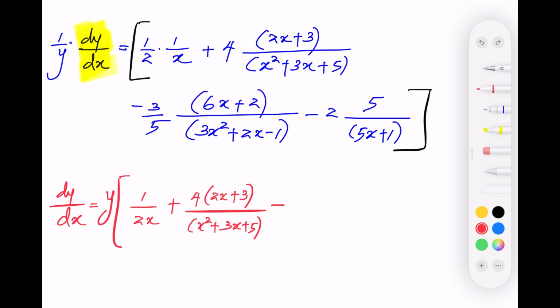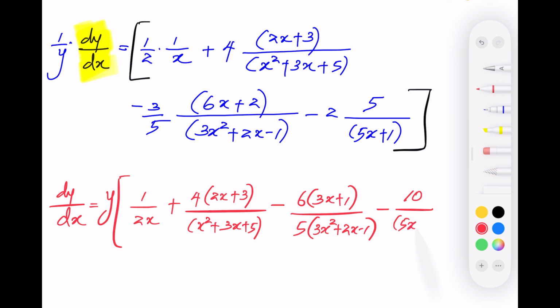So everything will be simplified to become negative 6 times 3x plus 1 on the numerator, divided by 5 times 3x squared plus 2x minus 1, and then with the last term I can multiply the 2 and the 5, and it becomes minus 10 over 5x plus 1. I will close the brackets.